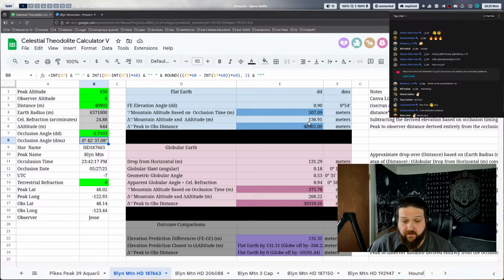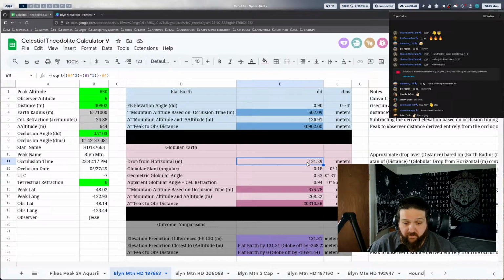And what we see here again is that the globe drop for Blinn Mountain is going to be 131 in meters, and when you subtract these two values, which is the difference in altitude with respect to the true altitude, you get the expected globe drop again in meters, independently verified from this process.